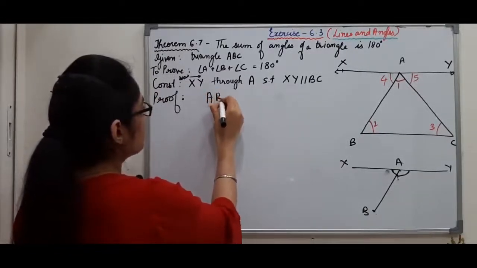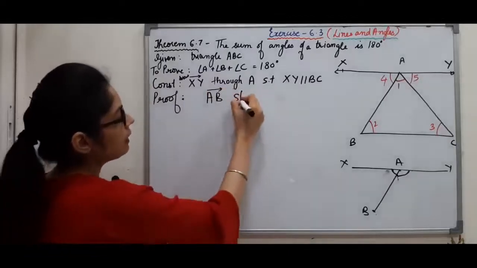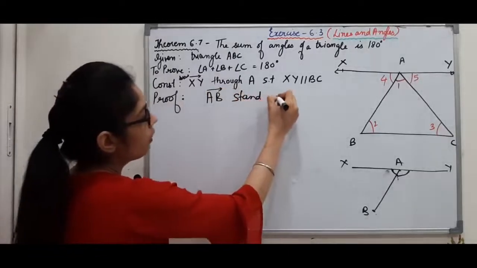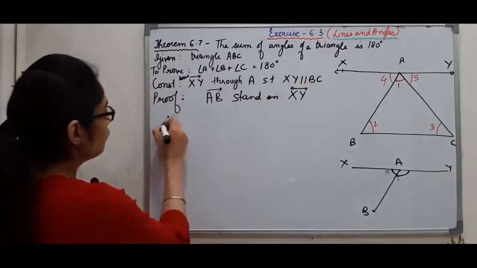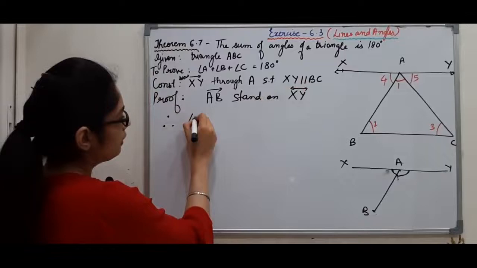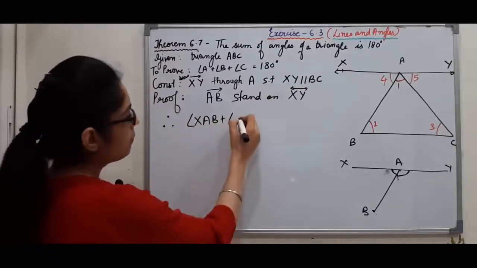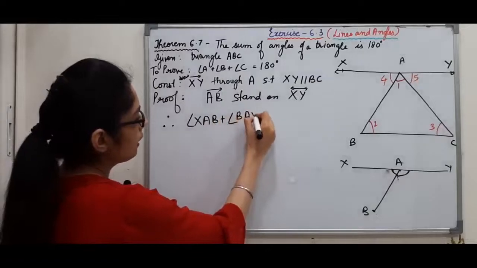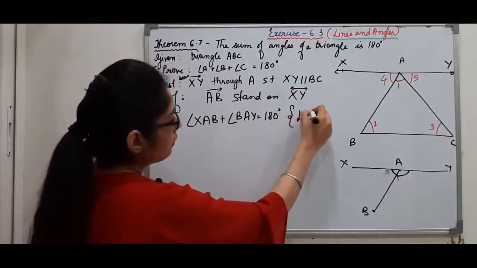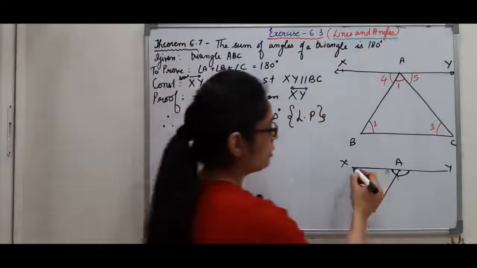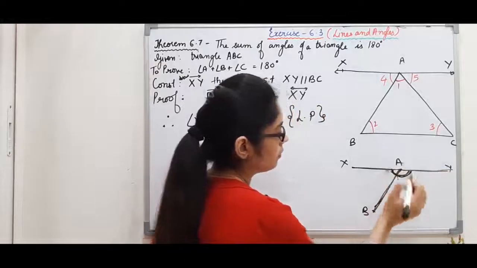Since AB is a ray and XY is a line, we have to mention it like this. Therefore, angle XAB plus angle BAY is equal to 180 degree. This is a linear pair, this angle plus this angle, these two.